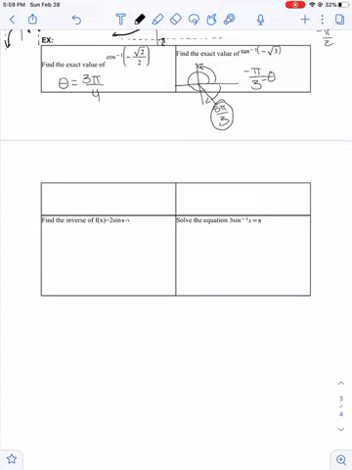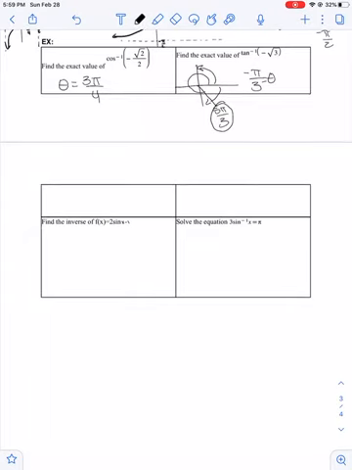Okay. Here we're finding the inverse of this function. So we're going to go through our steps. So first step, switch f of x to y. So y equals 2 sine x minus 1. Second step, switch our x and y values, so x equals 2 sine y minus 1. Now step 3, solve for y. So first I'm going to add the 1 to both sides. x plus 1 equals 2 sine y.